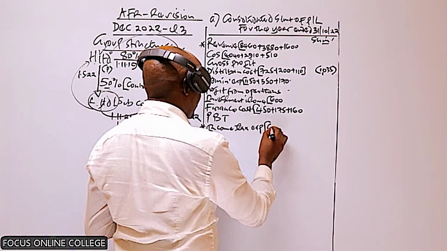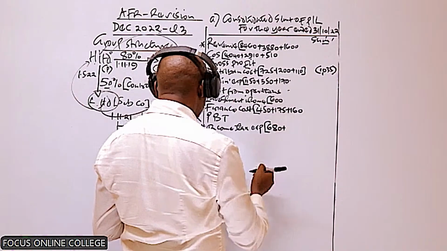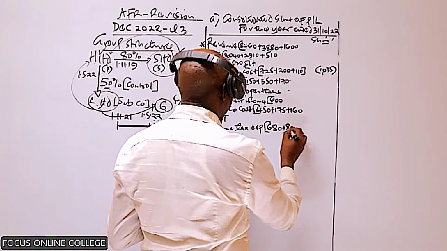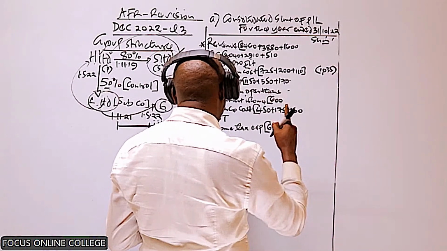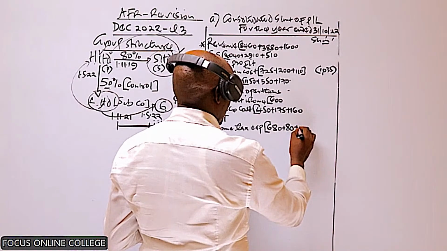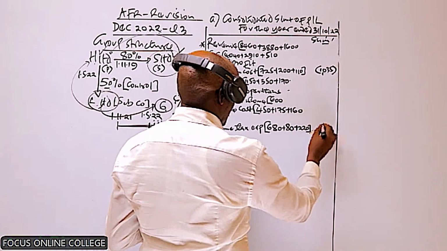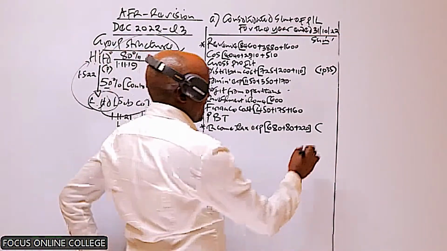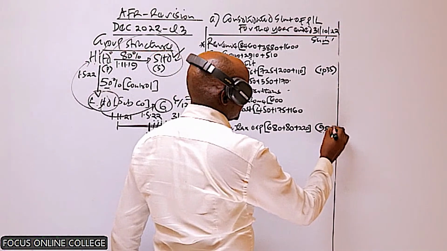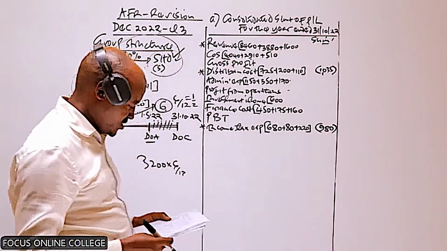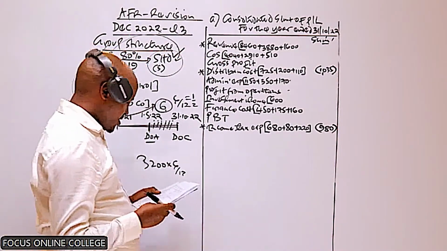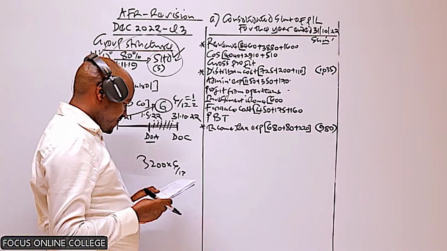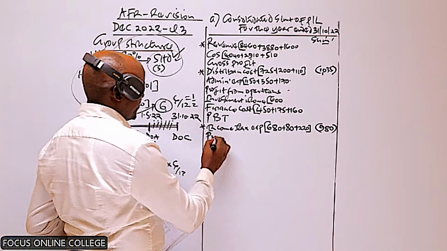So we take that of the parent, 680, plus that of the subsidiary, 80, that is S, and half that of L, which will be 220. So this one we can get the final value. The final value here, which will be 980.